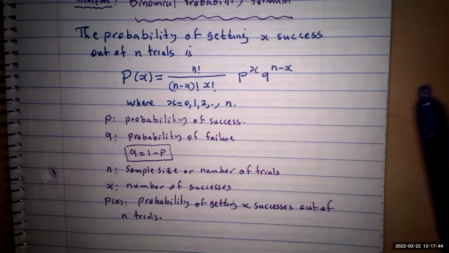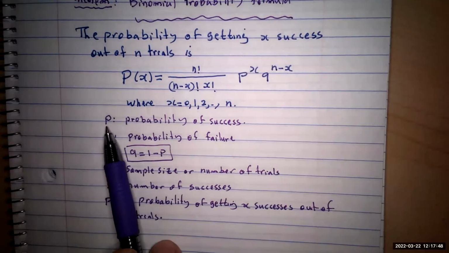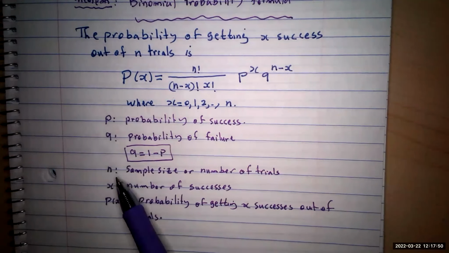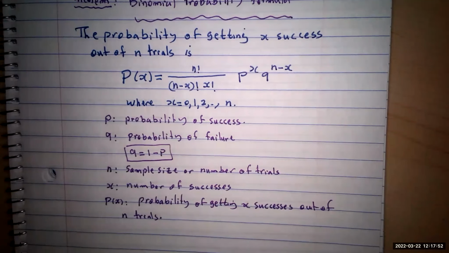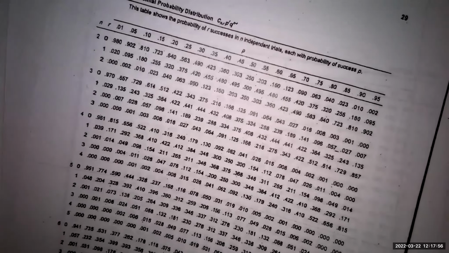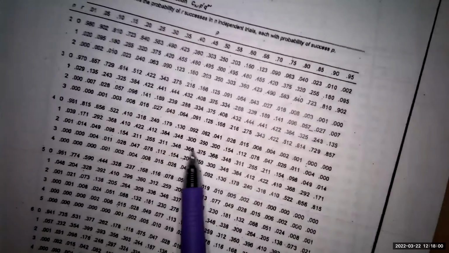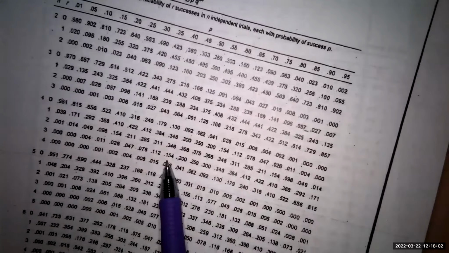As I told you, don't worry about everything. What you are going to do really is identify the P, N, and X. Then you go to this table and you get the result right away, or your calculator. But this table is much easier. So check this one on the Canvas.